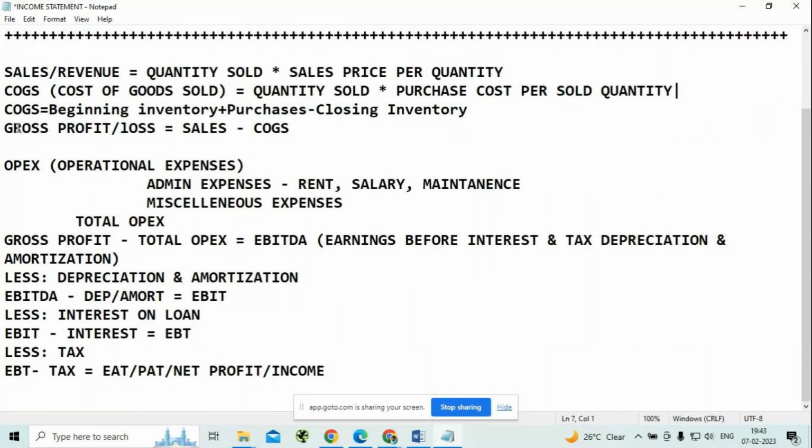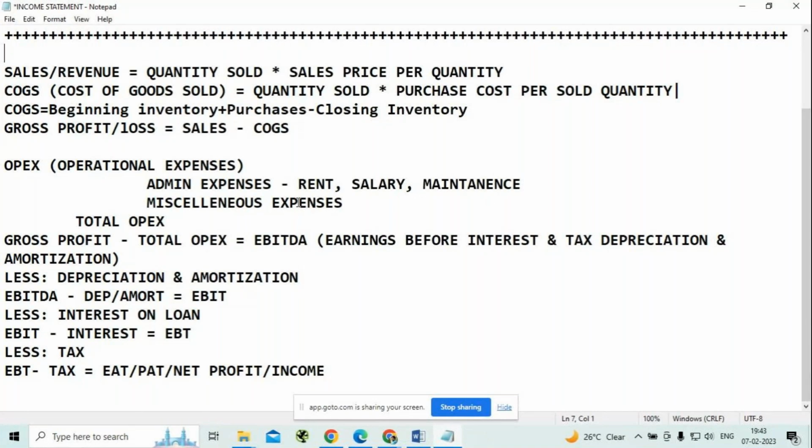So it is gross profit. Next, you are supposed to subtract OPEX value. OPEX is nothing but operational expenses. These operational expenses include administration expenses, such as rent, salary, maintenance charges, and miscellaneous expenses.